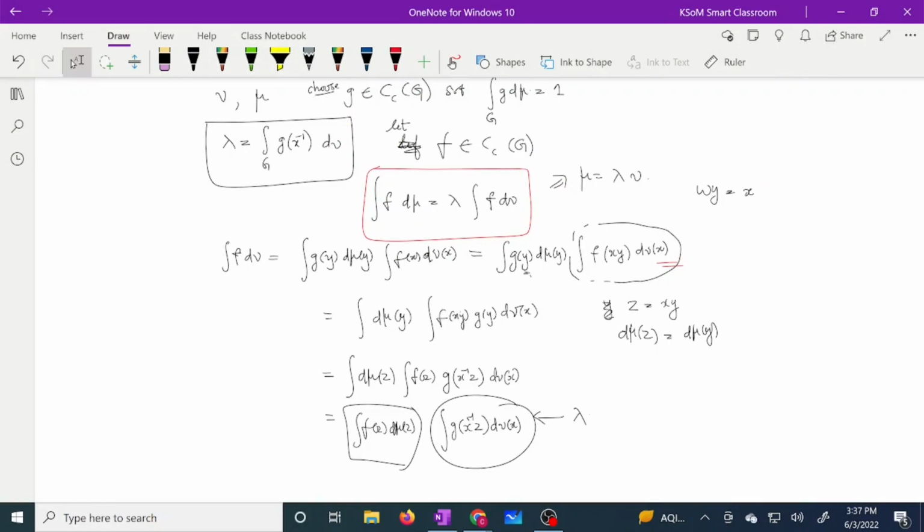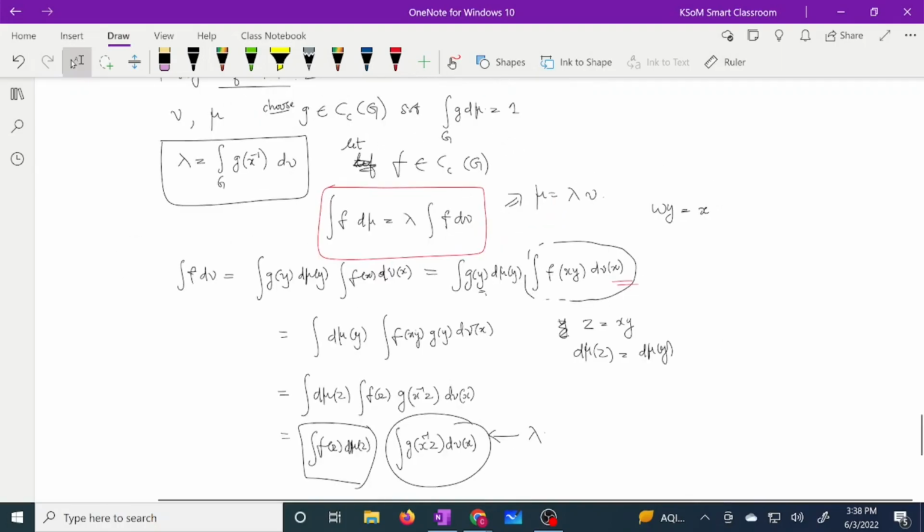This is how I define my lambda. I want it to be z x inverse, I think.